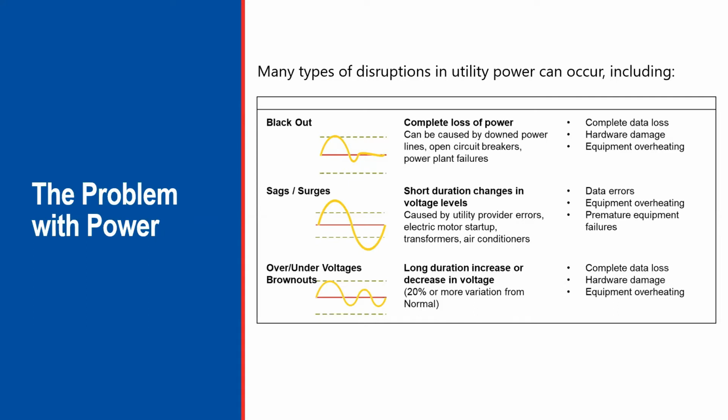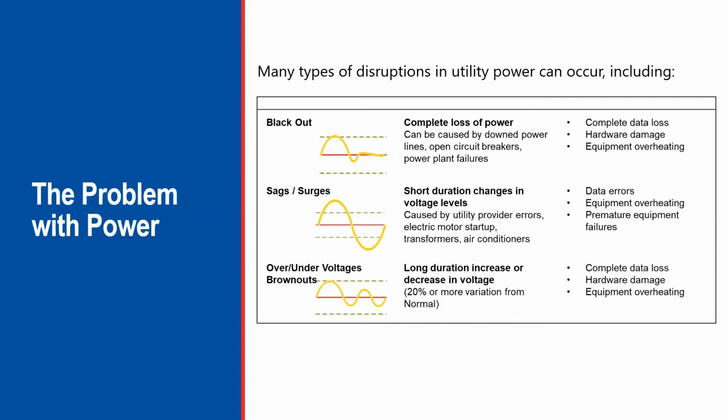And in this instance, with the sags and the surges, usually it's an over voltage or an under voltage during these changes in voltage. These can be caused by the startup of high load equipment, by utility provider issues, and another range of other factors. The potential damage includes data errors, overheating, and premature failure.